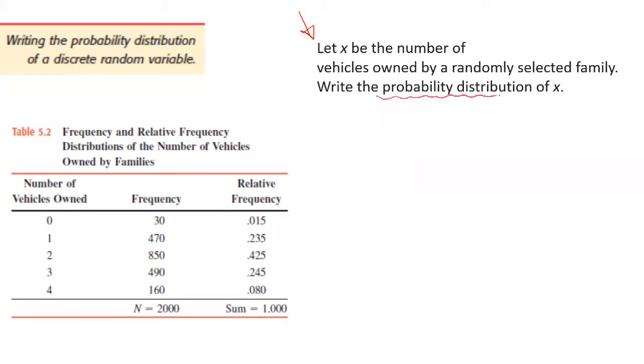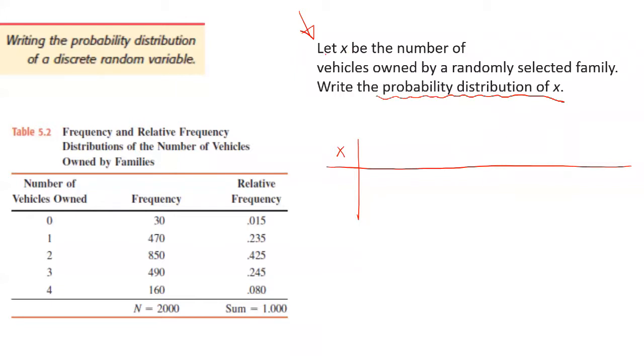Okay, this problem asks you to write the probability distribution of X. According to the definition, the probability distribution of X should list all the values X can assume and all the corresponding probabilities, right? So basically, it's a table that lists all the values X can assume. First, let's see what values X can assume. That depends on the meaning of X, right?